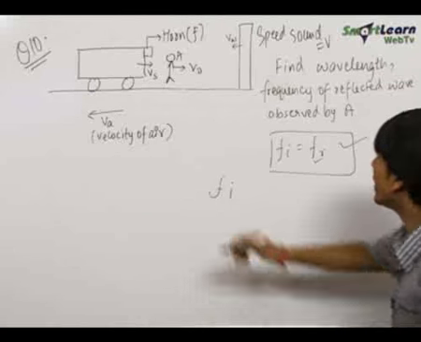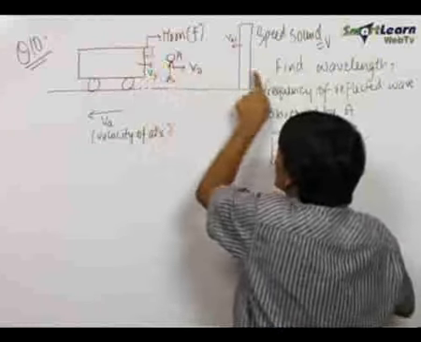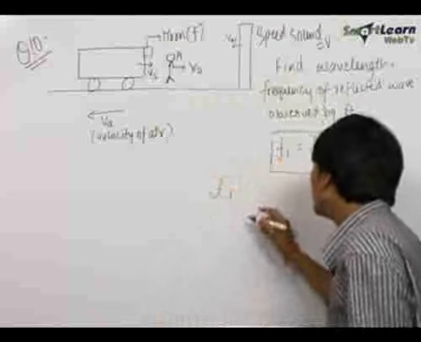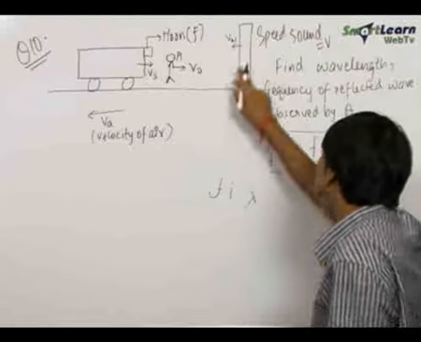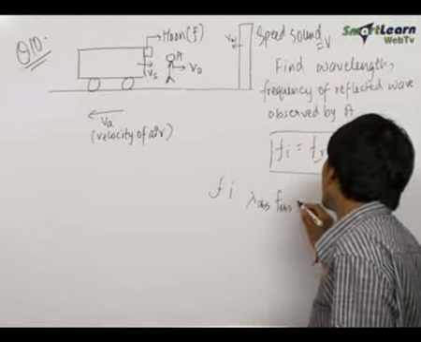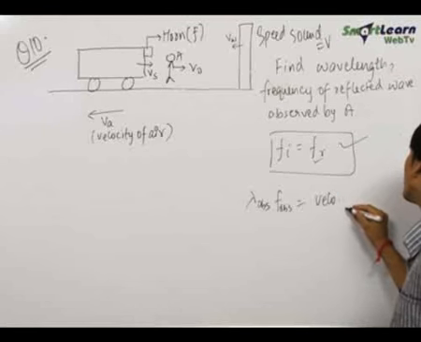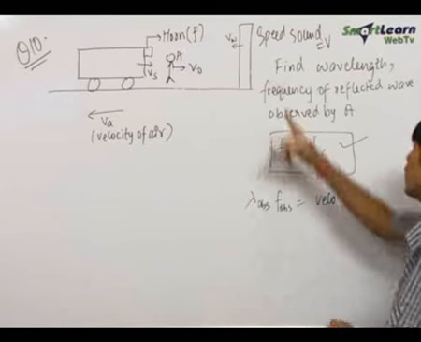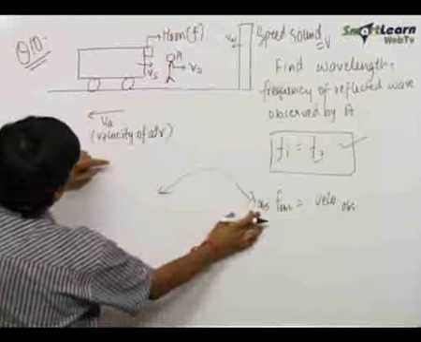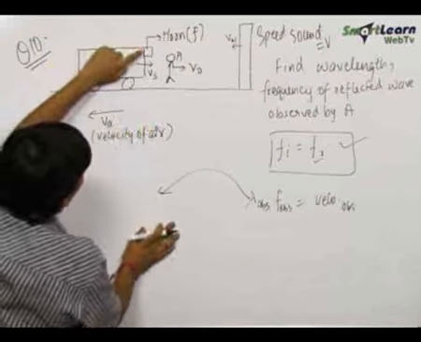Now, to find out the frequency incident, this is the source for this observer. When we treat this wall as an observer, this is the source. So we can write lambda observed by this wall into frequency observed is equal to the velocity of sound with respect to the observer, that is the wall in this case. On substituting the values, the lambda observed will be the lambda sent in by the horn on the cart.